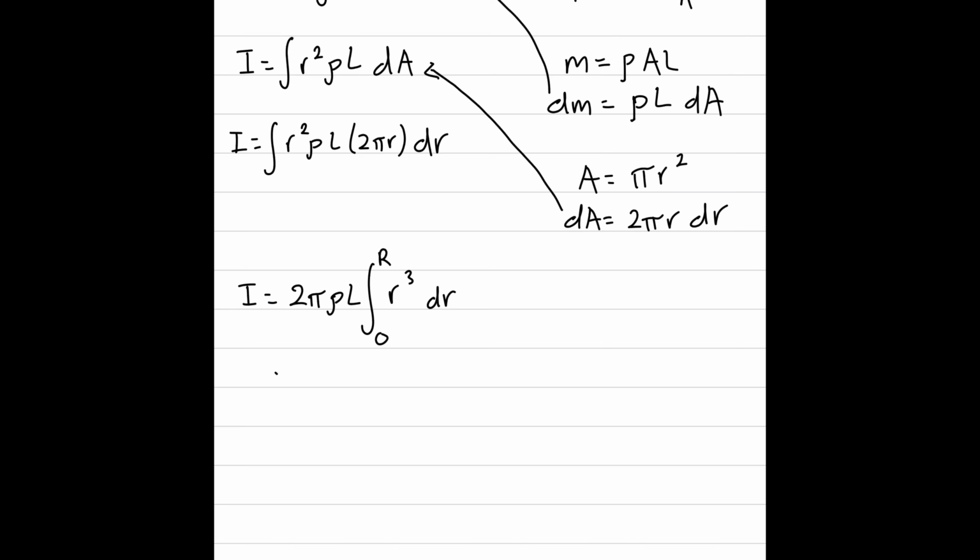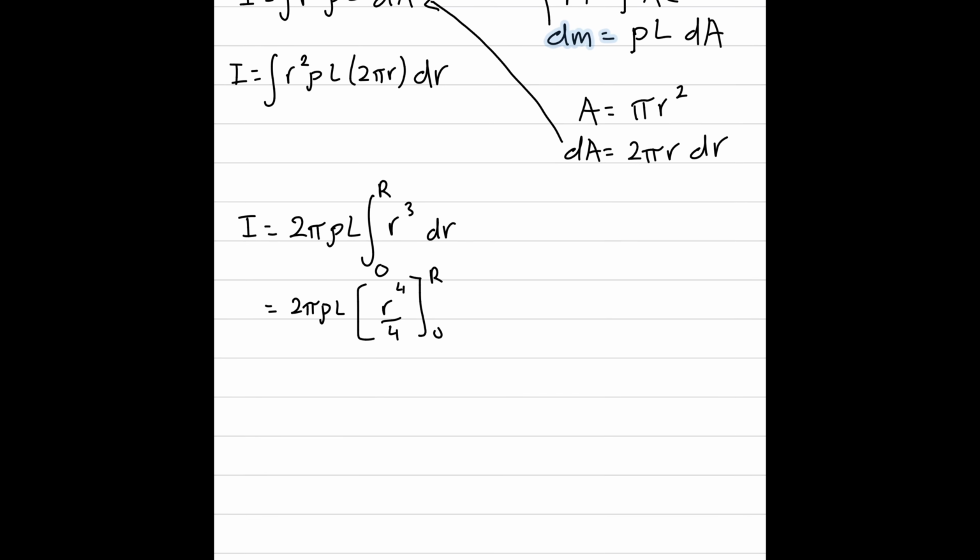So now you integrate r cubed. The integral of r cubed is just r to the 4th over 4, from 0 to R, which is 2 pi rho l times R to the 4th over 4 minus 0.